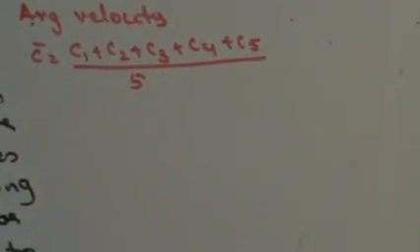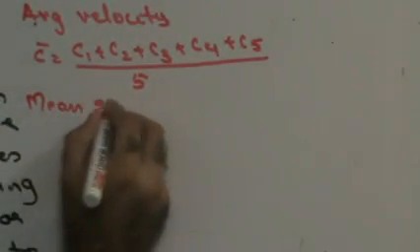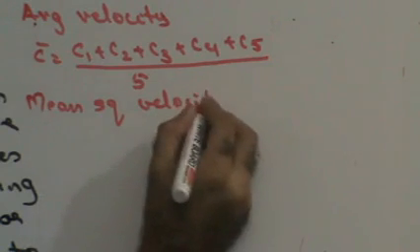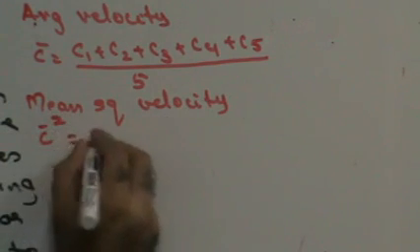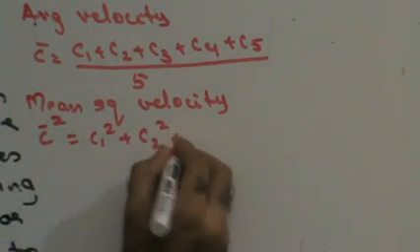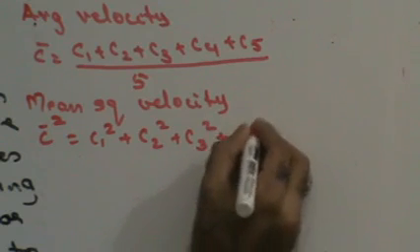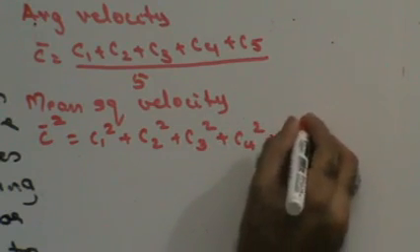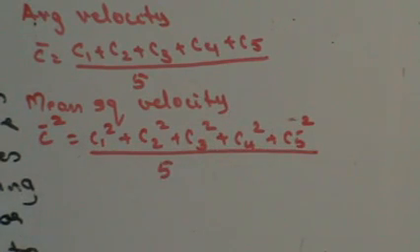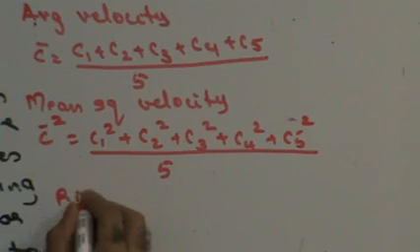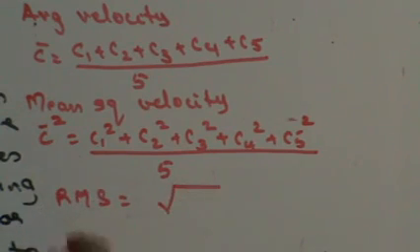Next, mean square velocity is C bar square, which is C1 square plus C2 square plus C3 square plus C4 square plus C5 square upon 5. And last, root mean square velocity is the square root of mean square velocity. Whatever answer you get for mean square velocity, take the square root of that.